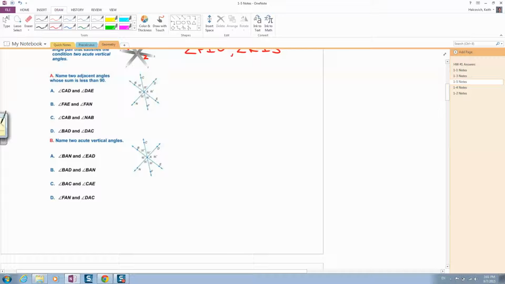FAE is 30, FAN is 55, so that is 85, so that is less than 90. Name two acute vertical angles. Well, if you notice here, FAN is 55 and DAC is also 55, so they are acute and they're vertical.